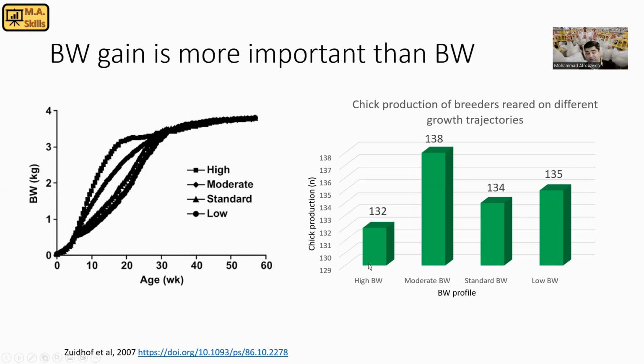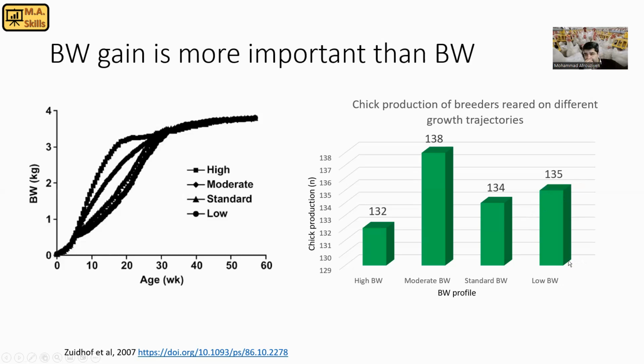High body weight birds, the birds that were raised based on this high body weight curve, produced 132 chicks per cycle. This number was 138 chicks for the moderate body weight group, 134 chicks for the standard body weight curve, and 135 chicks for the low body weight curve.